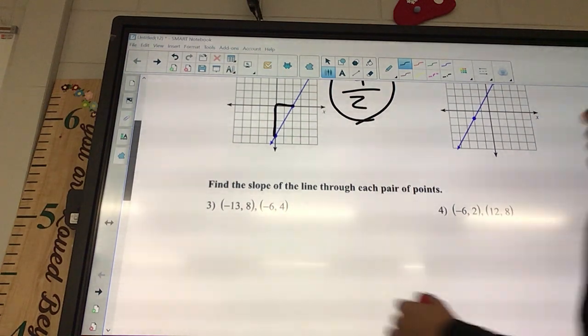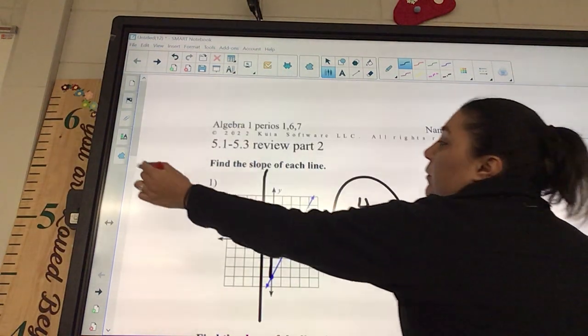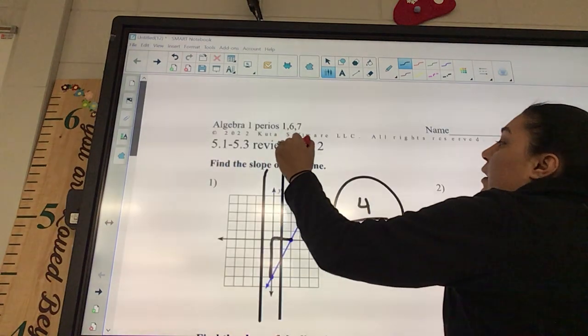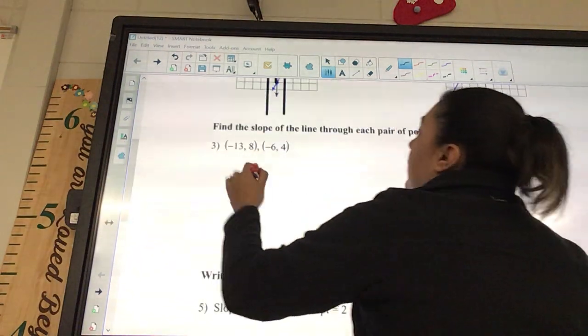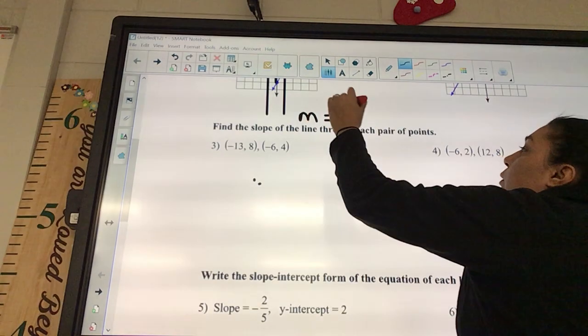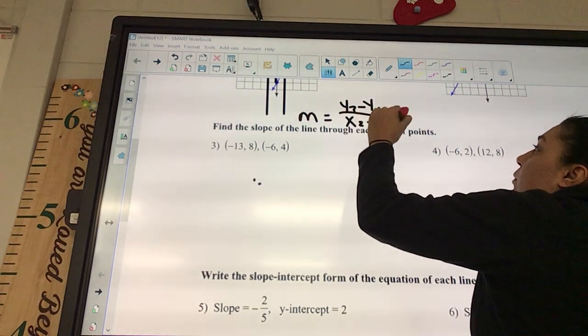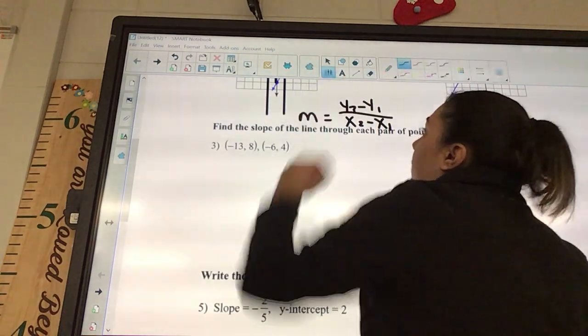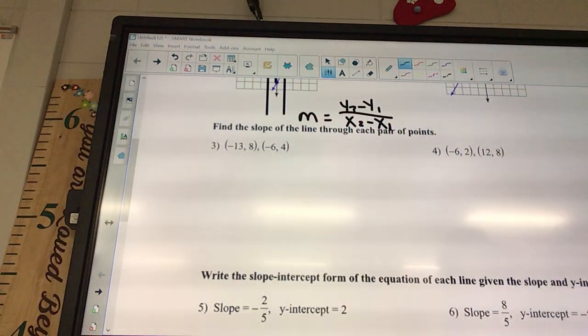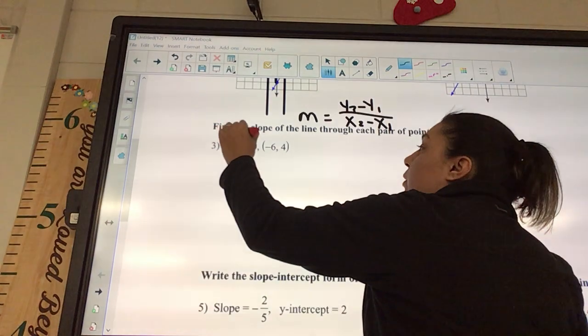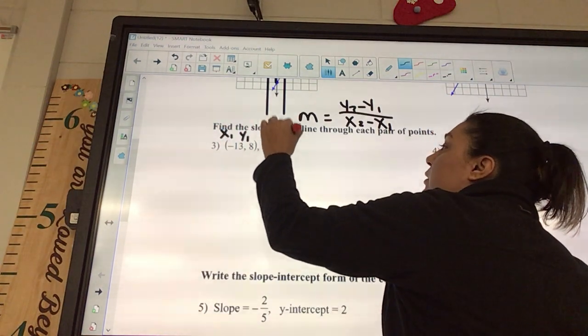Okay, find the slope of each line. So we have this formula: m equals y2 minus y1 over x2 minus x1. Okay, and so we can label these x1, y1, x2, y2.